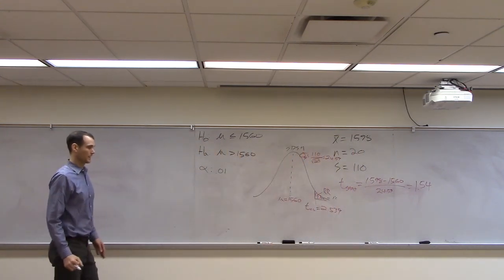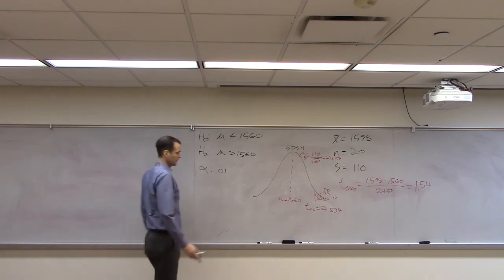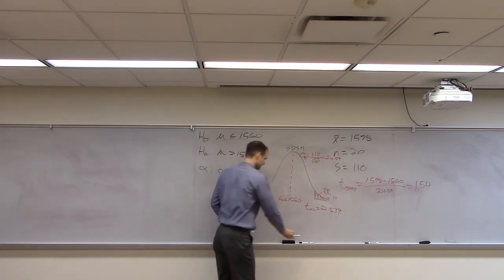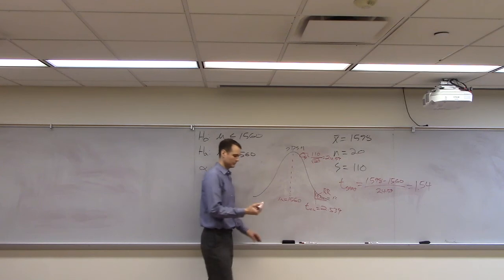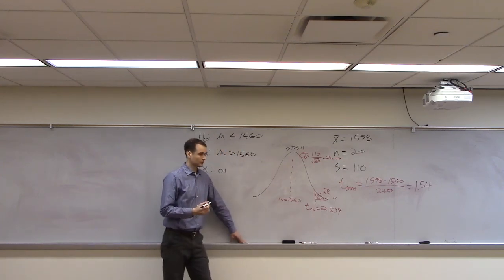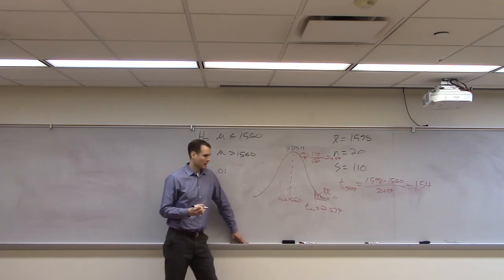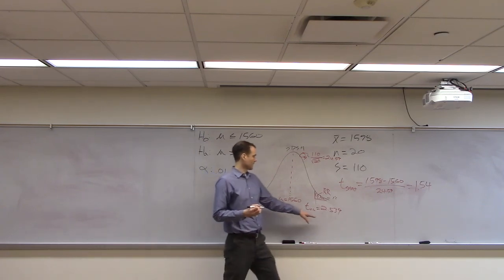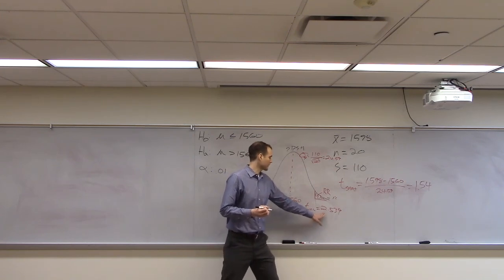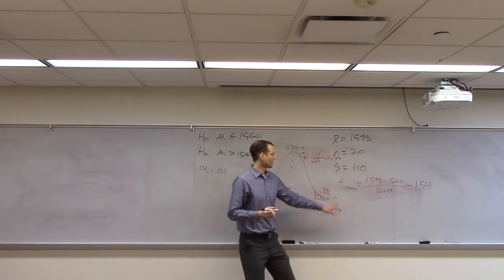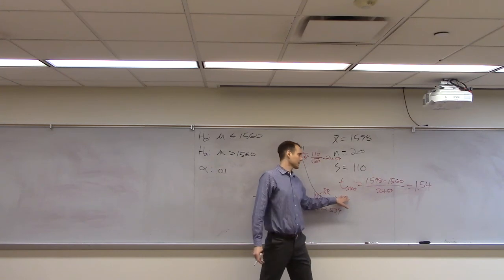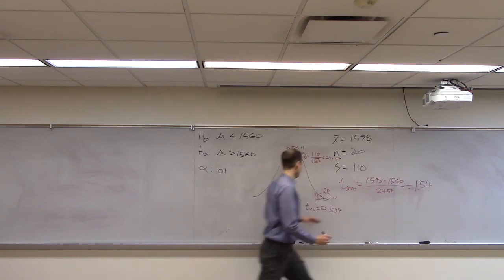I'm going a little fast. I'll slow down for just a second here. All right, we've set up our critical value at 2.539. We've calculated our t statistic at 1.54.